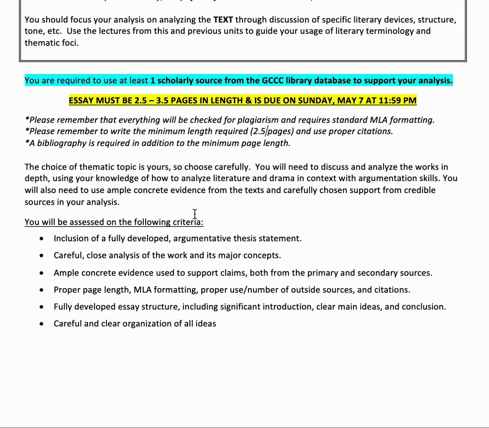If you need some ideas, go back to the unit number 1 essay assignment, where there is a list, if you remember, of all the different literary elements and devices you may want to consider. Again, keep the focus narrow. You don't want to go too broad or try to talk about too many things.